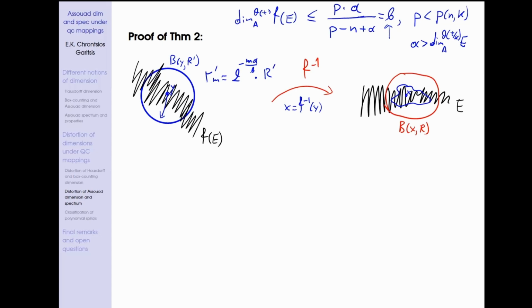Now, if we start working on this ball and we start working with the radii with a scale equal to 2 to the minus m times r, oops, not alpha, sorry, no alpha needed here, we can in fact start working with dyadic cubes instead because of the equivalent formulation of the spectrum and the dimension.